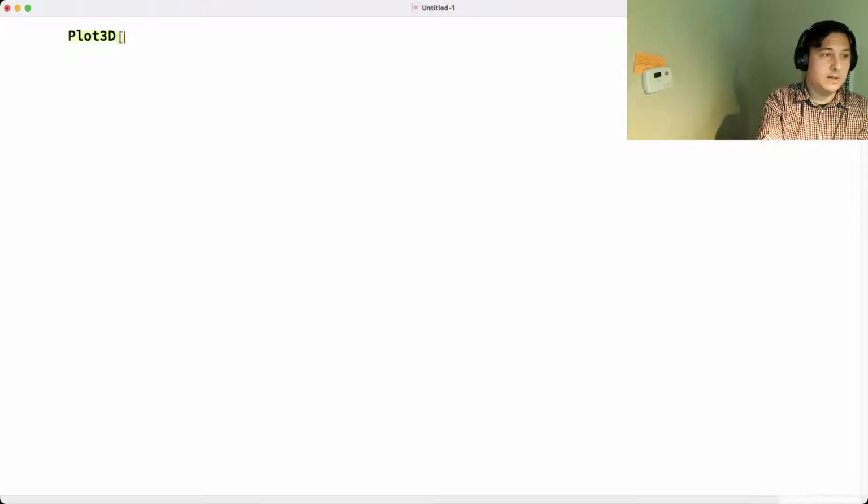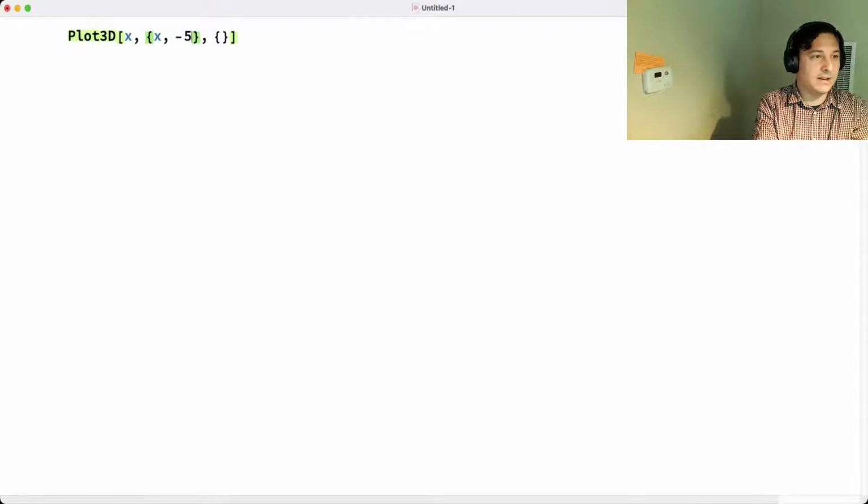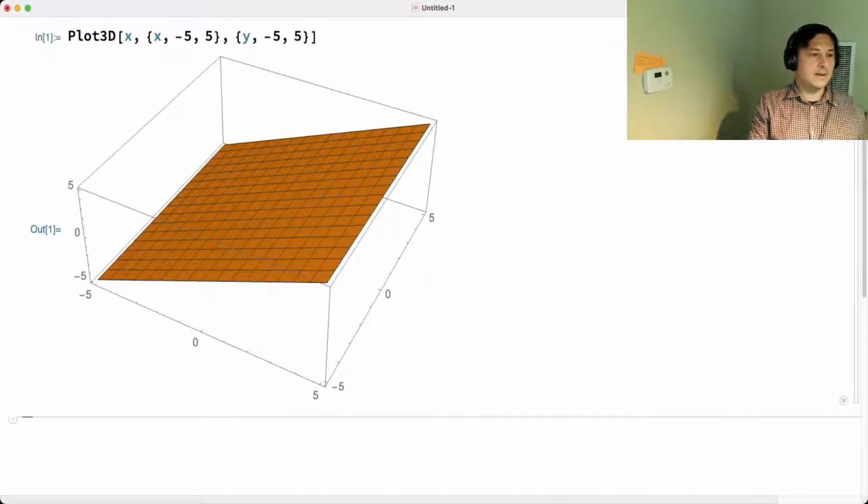Okay, so the way this is going to work is that to graph this, you need to give it your f of x, y. So what was f of x, y equal to? Just x. Okay, then you need to give it some x and y values. So we're going to have it graph from x equals -5 to +5, and y goes from -5 to +5. Okay, then there you go.